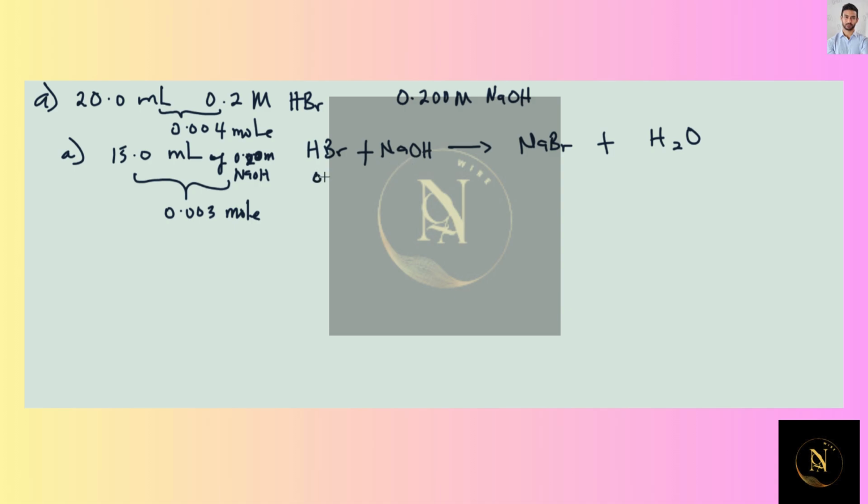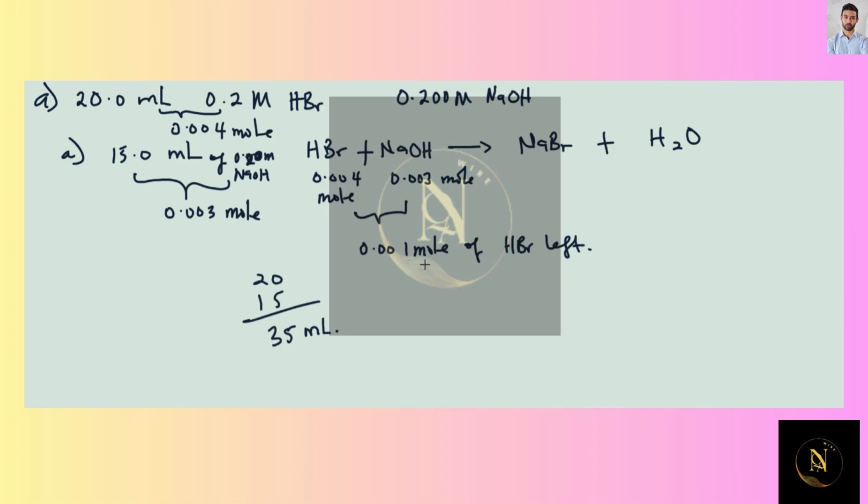So if we have 0.004 mole of HBr and we react with 0.003 mole of NaOH, we will have 0.001 mole of HBr left behind, right? And the total volume will be 20 plus 15, so that's going to be 35 ml. So 0.001 mole in 35 ml, the concentration of HBr left will be 0.001 mole divided by 35 divided by 1000 liters.